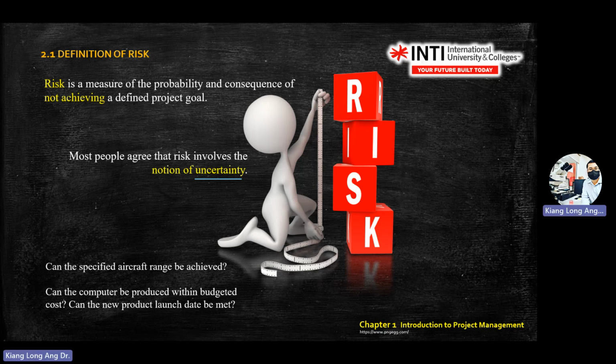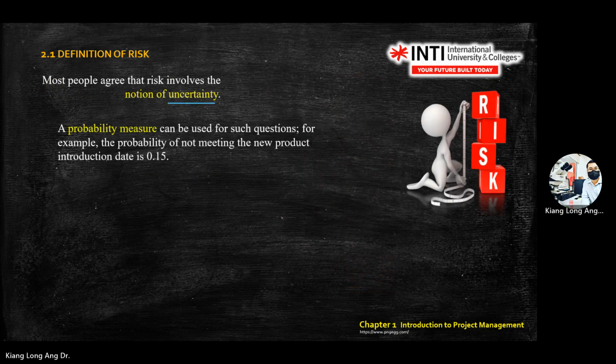Most people agree risk involves the notion of uncertainty. For example, these questions: can the aircraft fly at a certain range? Can the computer be produced within the budget cost? Can the new product launch at a certain date? So you have numbers for uncertainty.